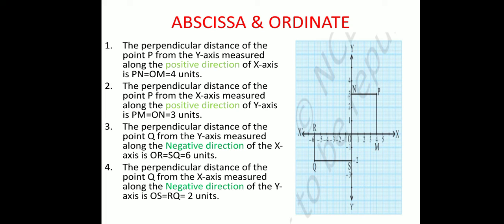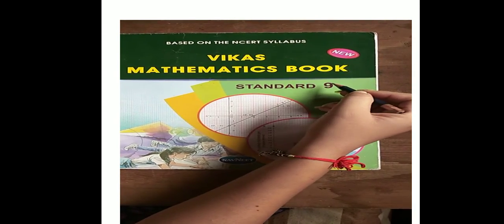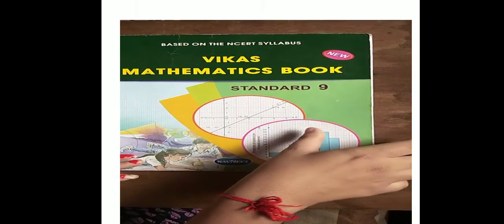Now come to our practical book. This is your practical mathematics book of standard 9, which you have to purchase from the shop. In this, there is a chapter on coordinate geometry.